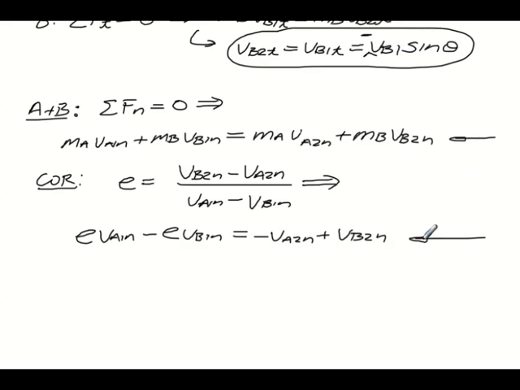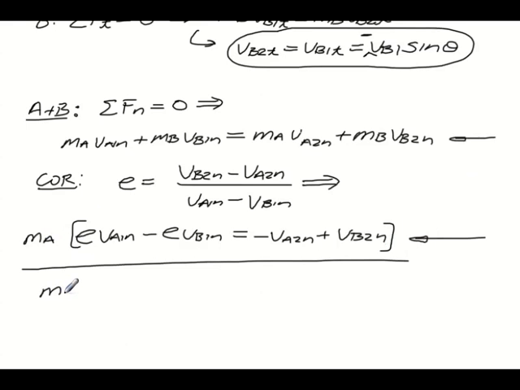So what I might recommend that we do is multiply this whole equation here by MA. And when we get through, add that to the equation above. So what we have here is MA(1 plus E)VA1N.